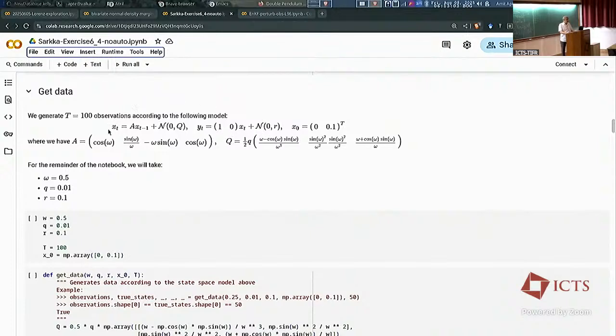Then xt is A xt minus 1, the linear bit, plus some other random variable, I'll invent a symbol for that. But both are Gaussian, so it's a linear Gaussian model, and then just implement Kalman filter for this, and this is what this notebook contains. Okay, I'll leave you to look at it later.